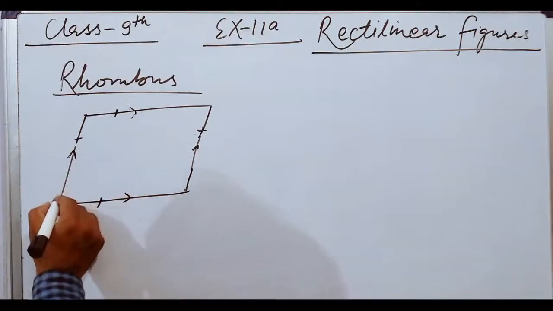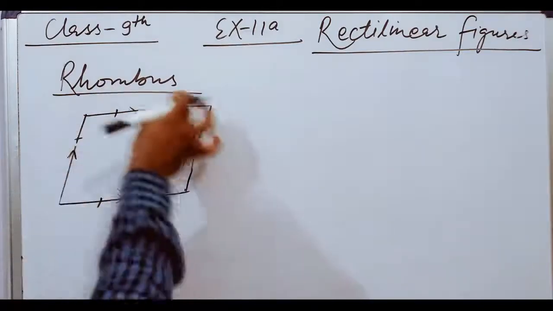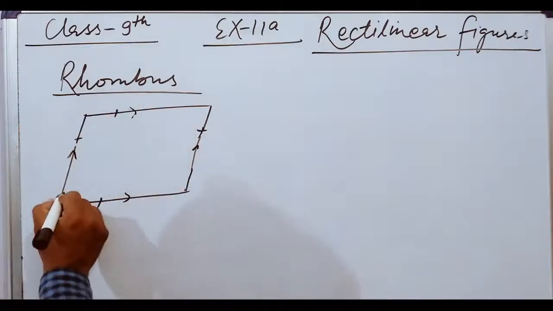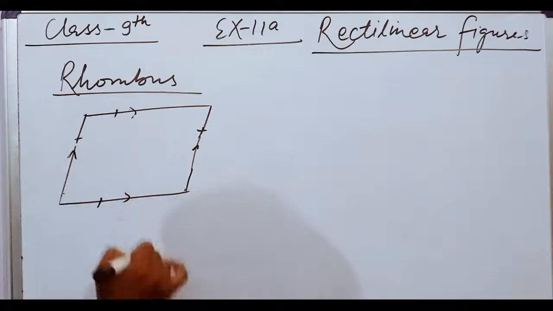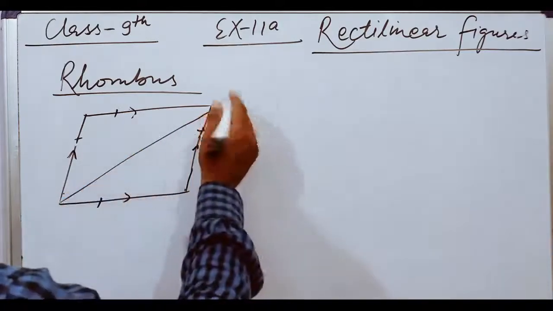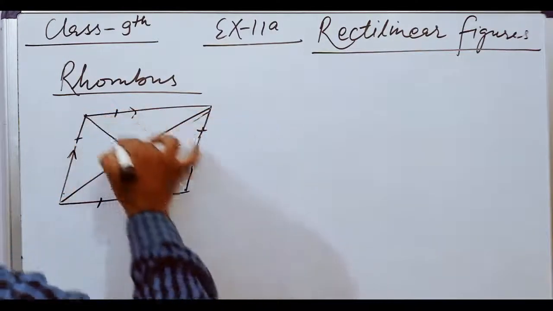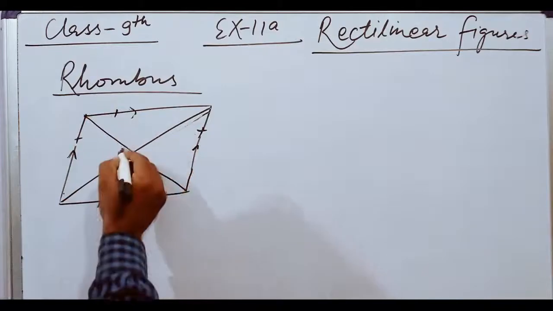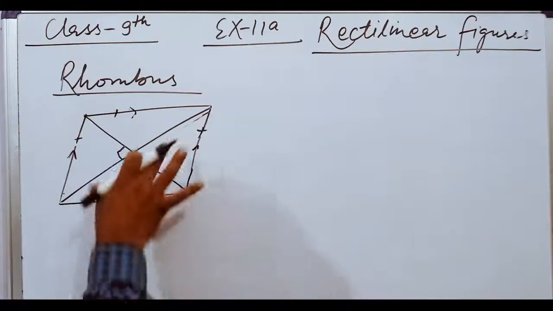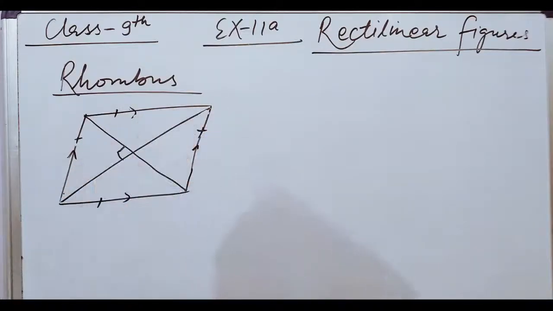In a square each interior angle is 90 degrees, but in a rhombus it is not compulsory to be 90 degrees, and diagonals need not be equal. This is the difference between rhombus and square.